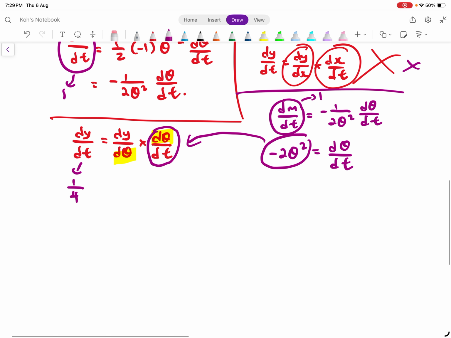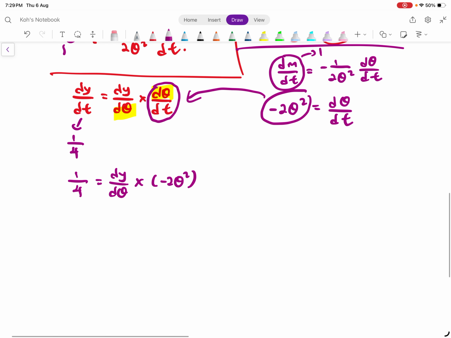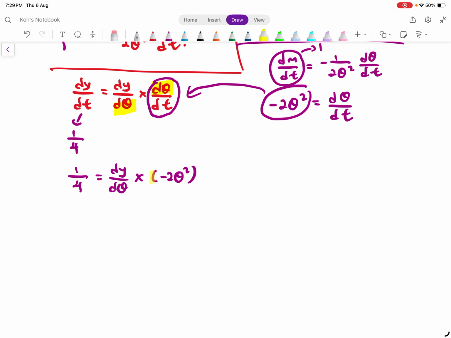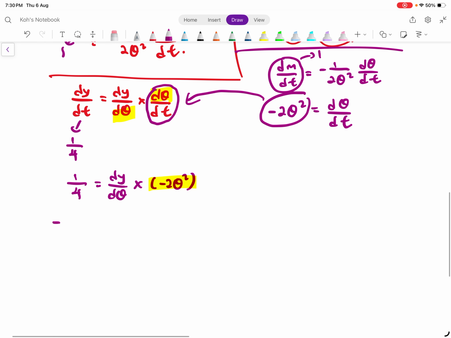So this will become 1 quarter equal to dy/d theta multiplied by negative 2 theta square. I simply move this to the left hand side; when I move, must divide. So the whole thing will be minus 1 over 8 theta square is equivalent to dy/d theta.